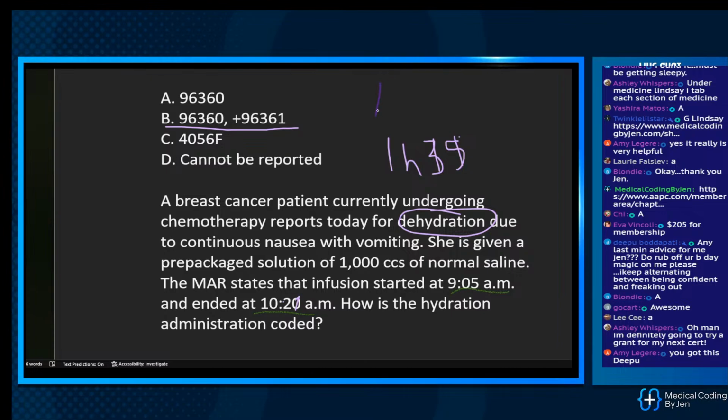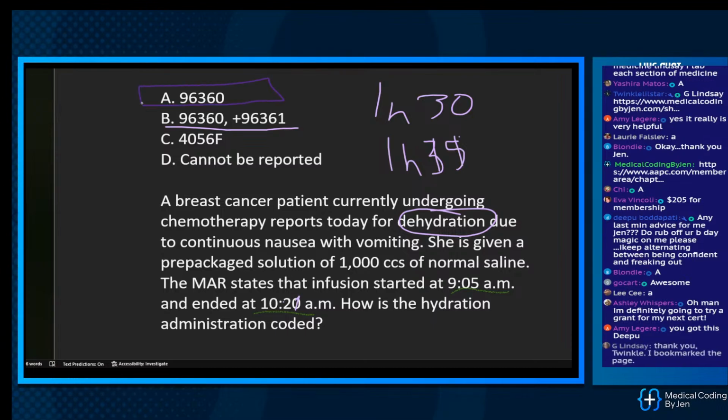But when it's 1 hour and 30 minutes, it's still A. It only turns into B when we're at 1 hour and 31 minutes. Then it's B.